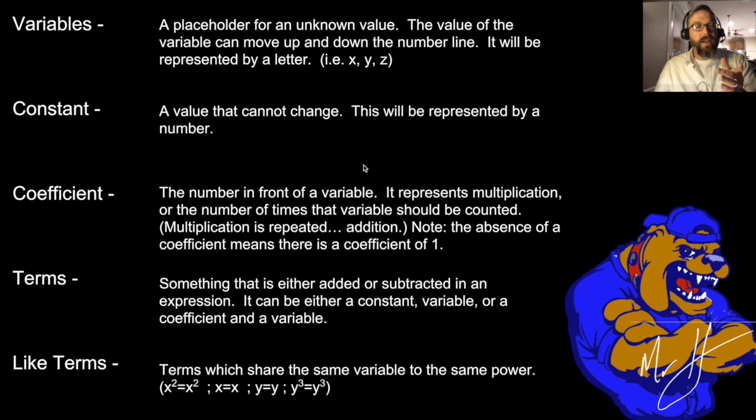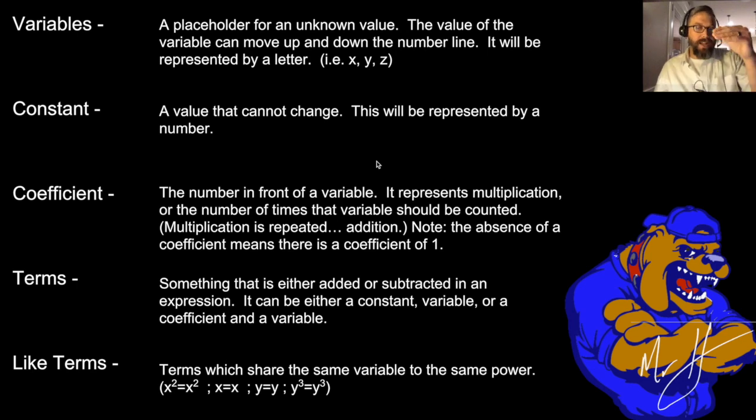For example, x squared is the same thing as x squared. x is x, y cubed is y cubed, but notice y and y cubed are not like terms. Now the connection I want you to make here with the previous problem of fractions, terms are going to be just like that common denominator. We can't do anything with them unless they're the same.